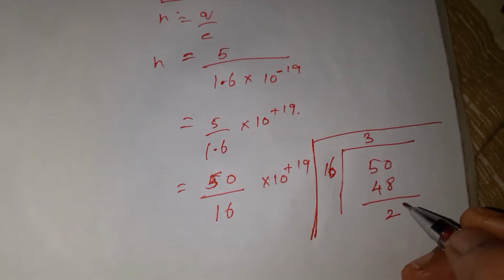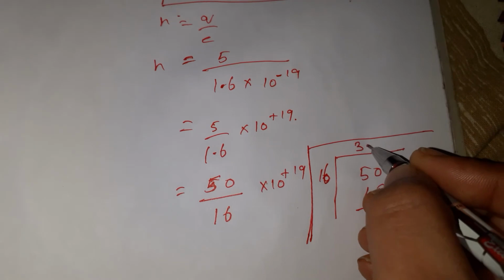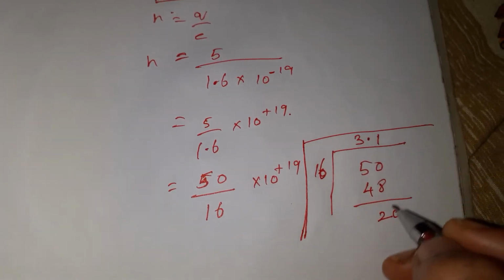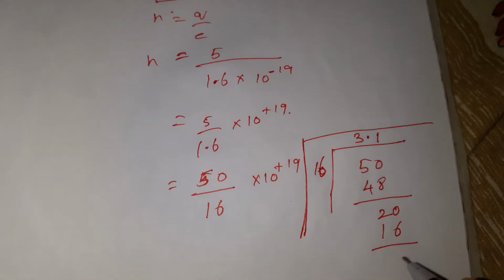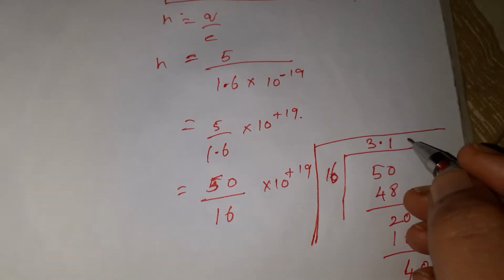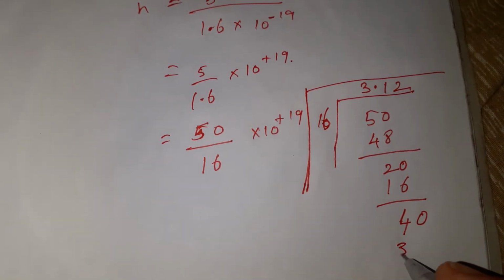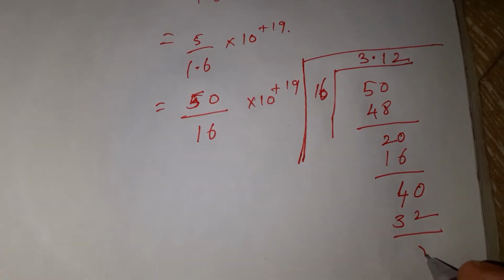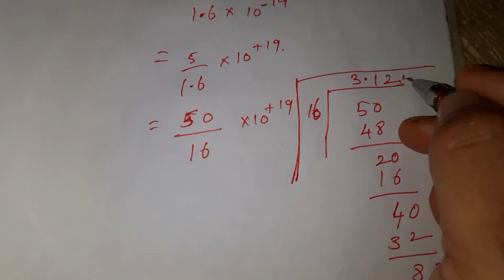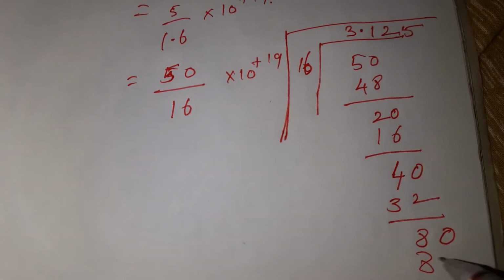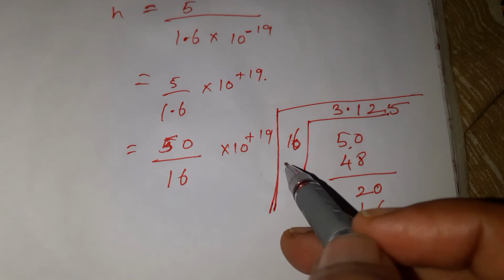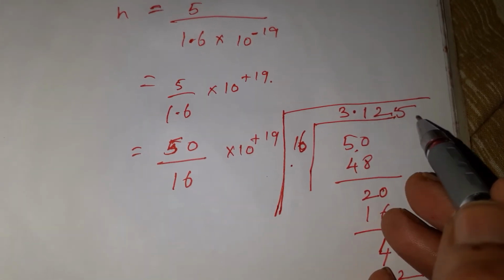No other number is there, so you have to put a decimal point and put a 0. 1 times 16, then the remainder is 4. Add one more 0. 2 times 16 is 32, remaining 8. Include one more 0. Then 5 times 16 is 80, remainder 0. So 50 divided by 16 is equal to 3.125.